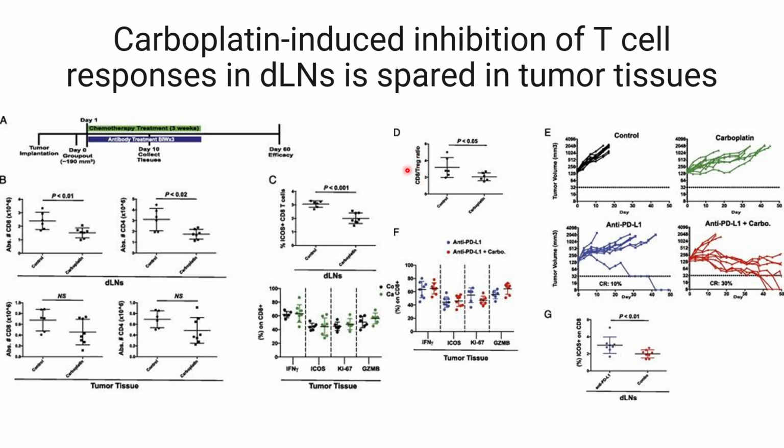Since the CD8 plus cells get reduced in the draining lymph node, the overall CD8 plus to Treg ratio is also reduced.